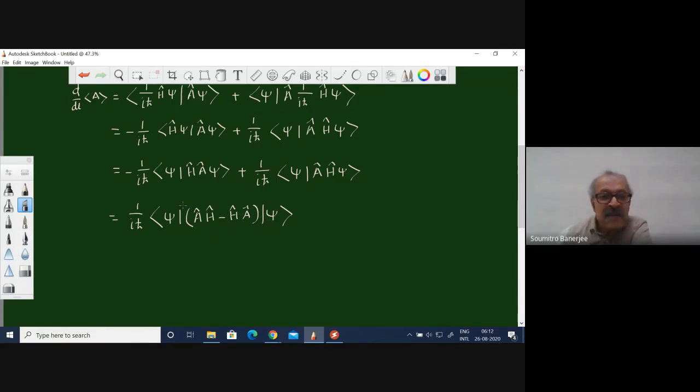The sandwich integral will mean that this quantity is nothing but the expectation value of this, and this is nothing but a commutator. So this is equal to 1 by i h cross, the expectation value of the commutator of A and H. This is a very important result in quantum mechanics.